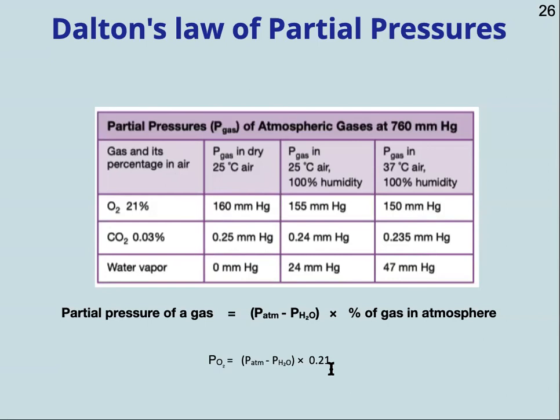For dry air, the water vapor pressure is close to 0, so it can be neglected, and you can simply multiply the atmospheric pressure by the percent of gas in the atmosphere. In this case, just multiply 760 times 0.21. You should get 160.